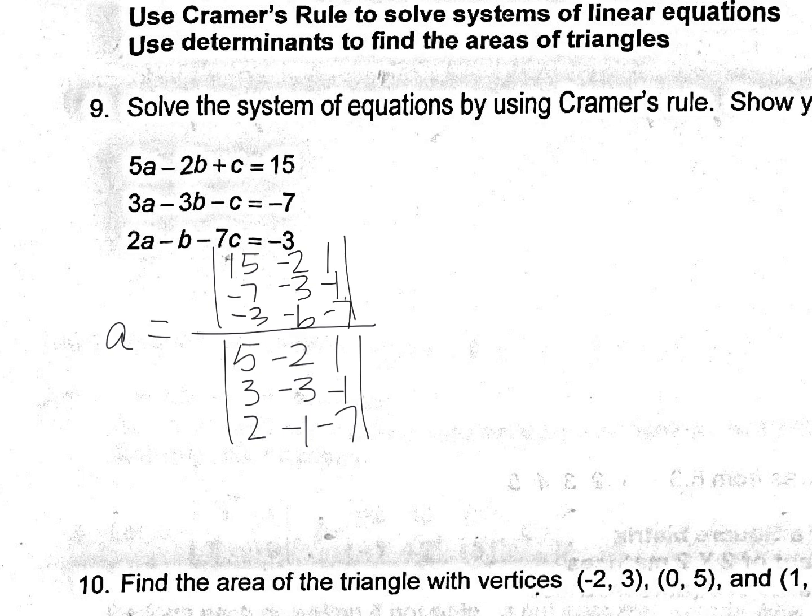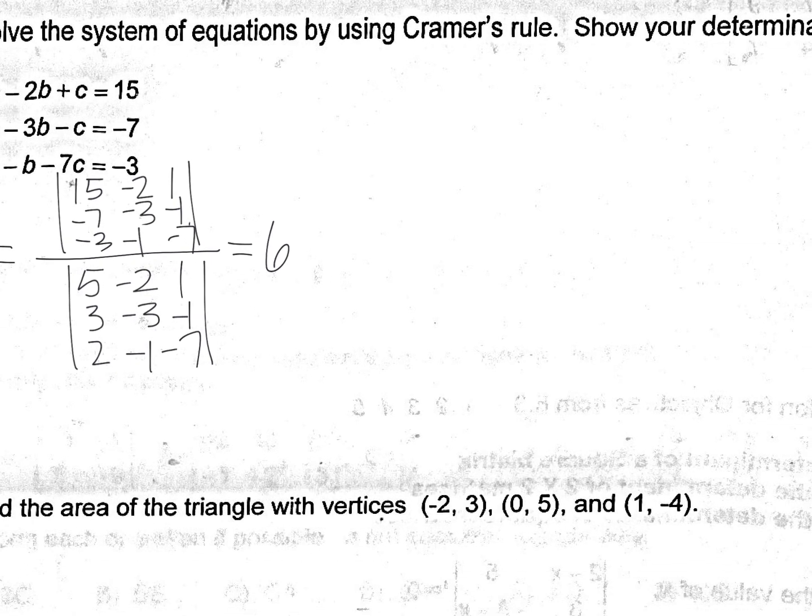I put -3 there. Okay. -1. There we go. And then we just plug those matrices in the calculator and get out our answer. I will make another video, as I've indicated in class, about some calculator work. If you calculated those determinants and then divided them, you would get A equal to 6.